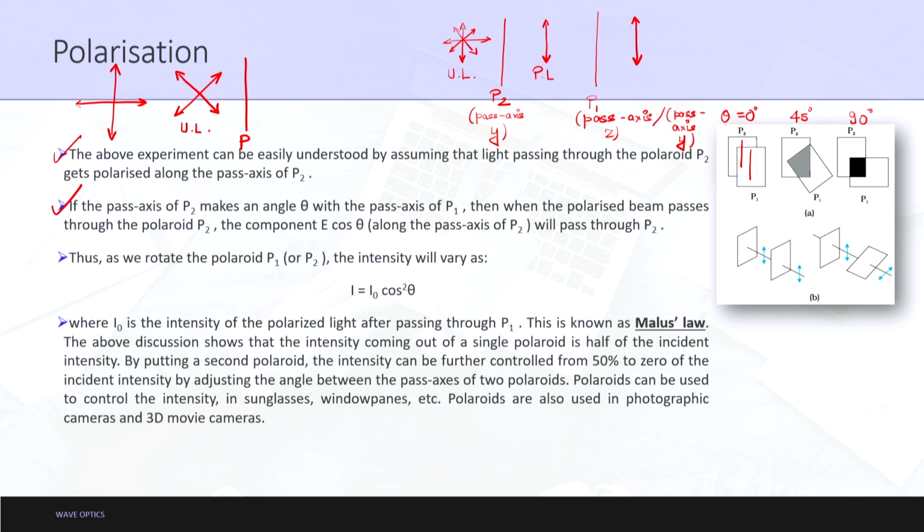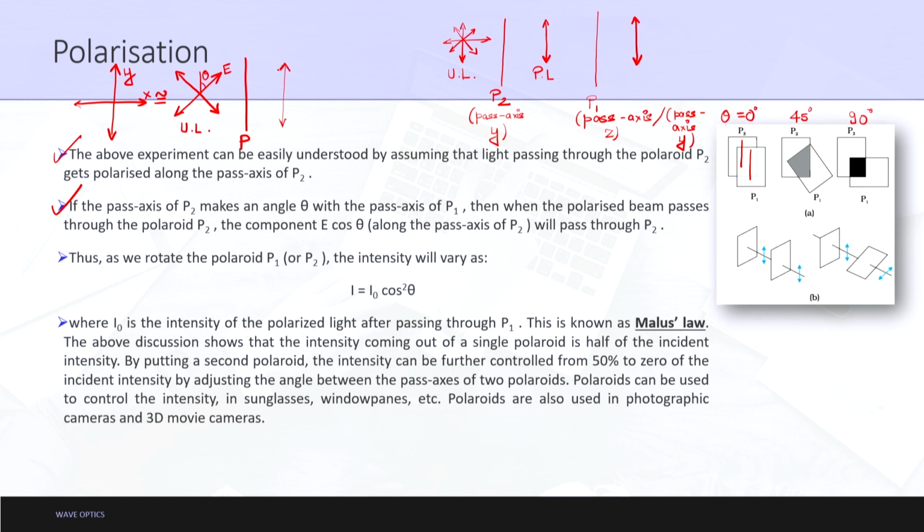So let us suppose this is Y and this is X. If we try to change its components, let us say this is the Y axis, this is theta here, and this is E here, then we can change it to E cos theta and E sin theta. That is the concept being told here, and hence both are proportional, and hence we can finally find a Y polarized light here.